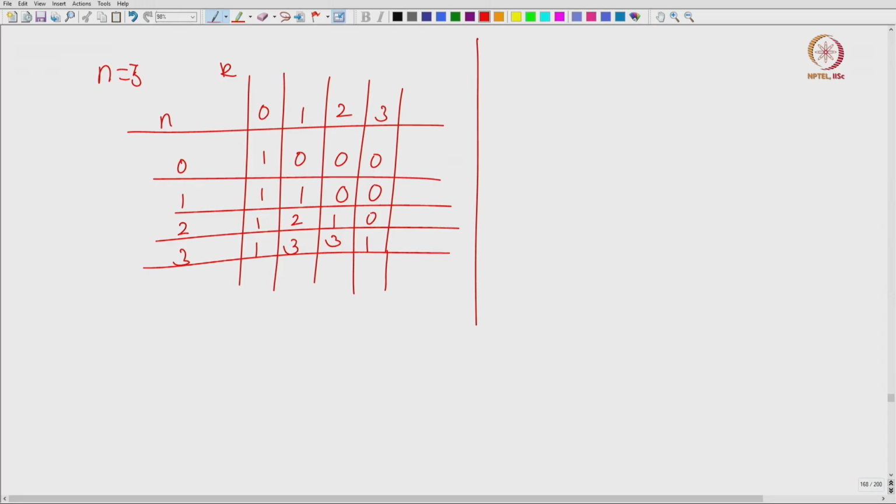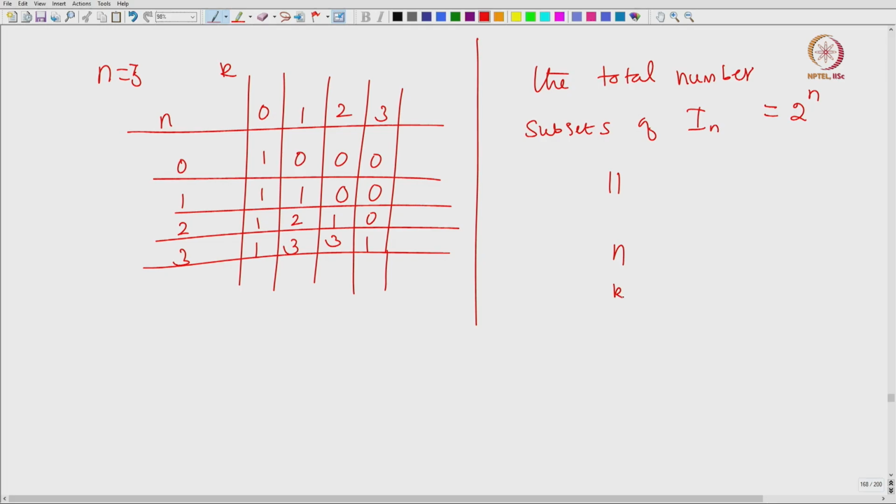So, let us look at the total number of subsets of I n, which we know is exactly given by 2 power n by counting in two different ways for given cardinality. We can count the number of subsets having cardinality k in I n. That is given by n choose k.